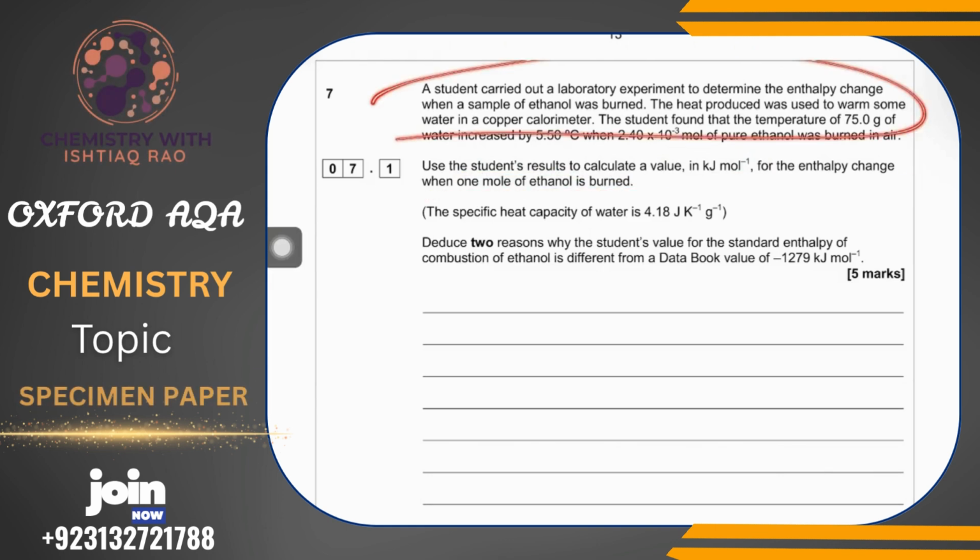You have to first calculate delta H, then compare it with this value, and then explain why they are different. First of all, you have to calculate the value of delta H.